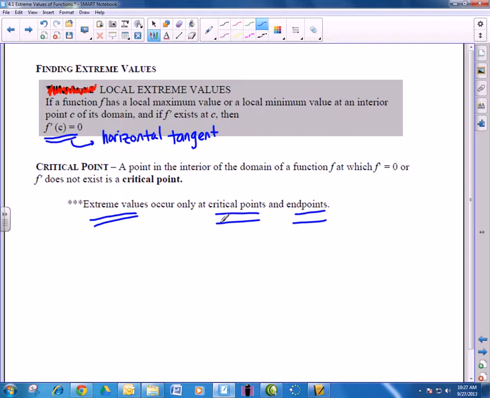Not all the time. Technically it couldn't if it's not differentiable there. So a critical point can never be an endpoint. Critical points are going to give you all of your horizontal tangents. But for extreme values, you have to look at both critical points and endpoints like we talked about before.